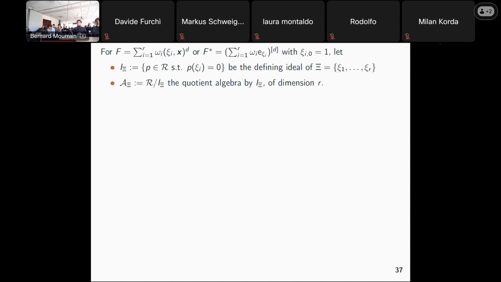So we have the ideal of polynomials vanishing at the points, which is called I_Xi. The quotient by this ideal, which is A_Xi, is of dimension r, which is the number of points. So this is well, standard.